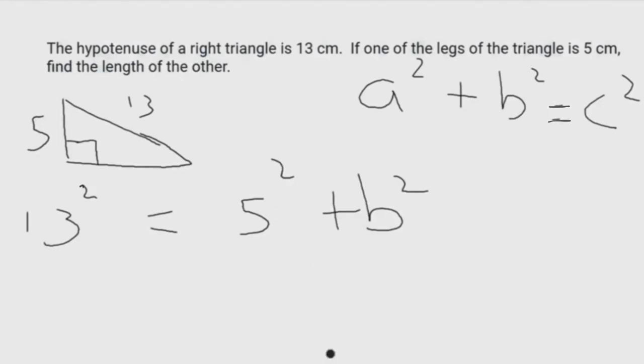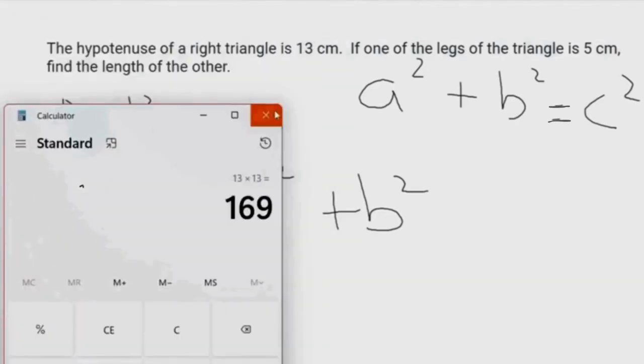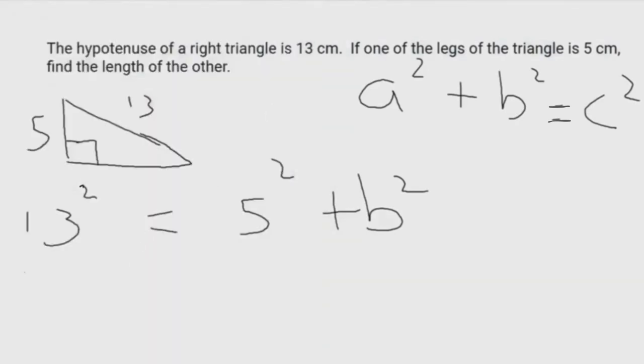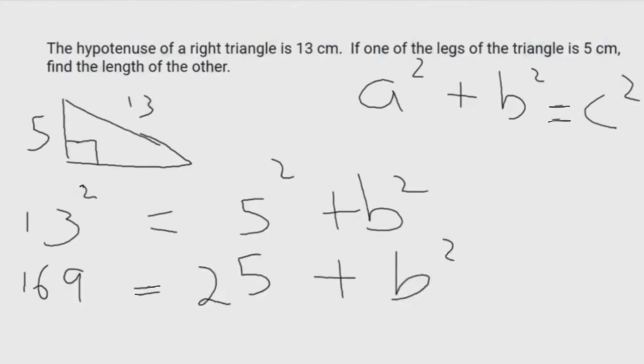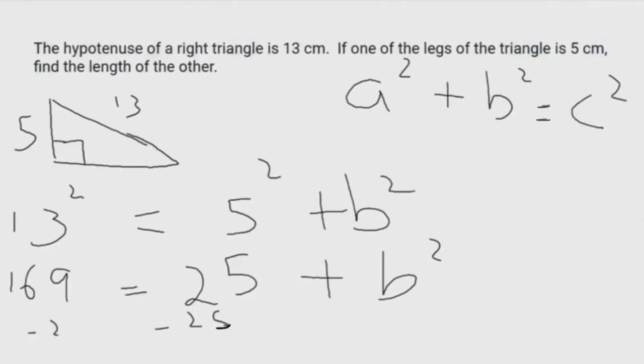So 13 squared is 169. So 169 equals 5 squared, which we know is 25, plus b squared. So now what we're going to do is get all our constants on one side and all our variables on the other. So we're going to subtract 25 from here and subtract 25 from here.